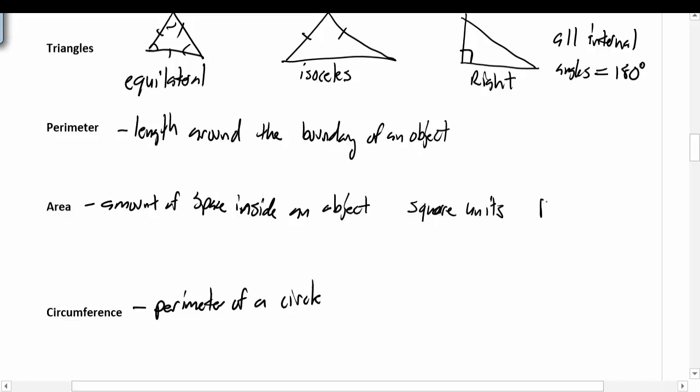If you think about it, a square unit is literally a square that has length and width of 1. So when we talk about how many square units fit inside an object, we're literally asking how many squares of length 1 and width 1 would fit inside this object.